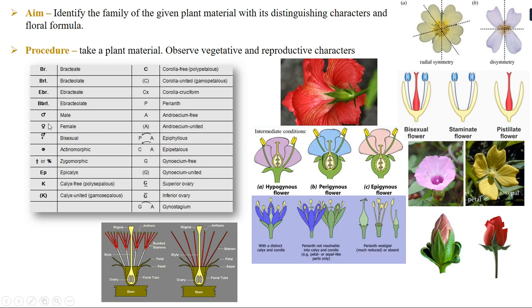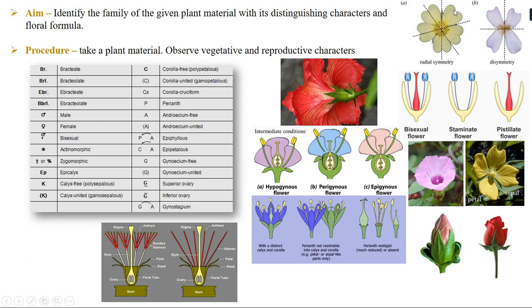And on the other hand, if the flower is bisexual, that means it is showing both the staminate and the carpellate part, then the symbol that is denoted for a bisexual flower is this. Okay, so I hope you all understood these two characters. Coming to the next character, we have to see if the flower is actinomorphic or if it is zygomorphic.